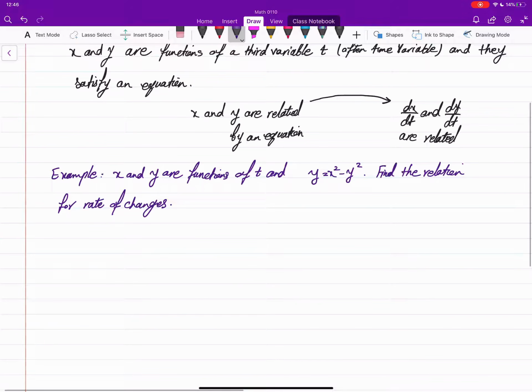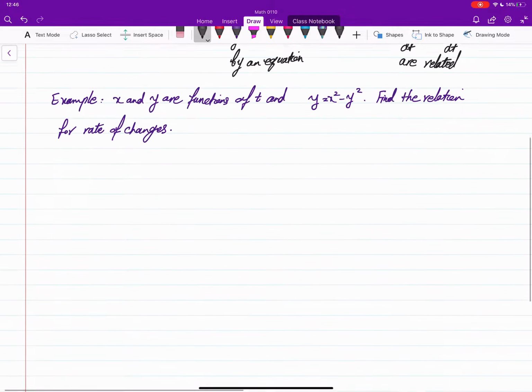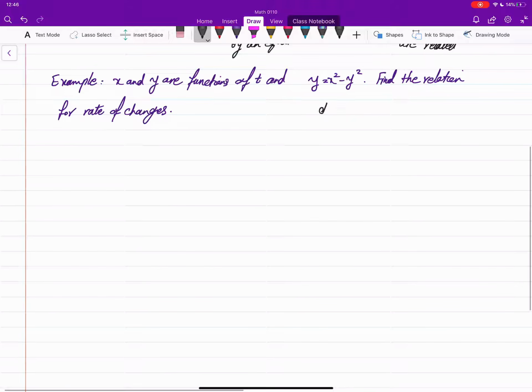Well, rate of changes are what? We are looking for an equation which involves dx dt and dy dt. And this equation may have x and y too. So it's just a relation for dx dt and dy dt. And you see that rate of change, dx dt, is differentiation of x with respect to t, and y with respect to t.